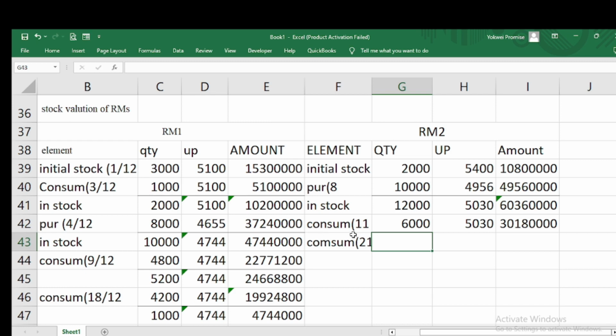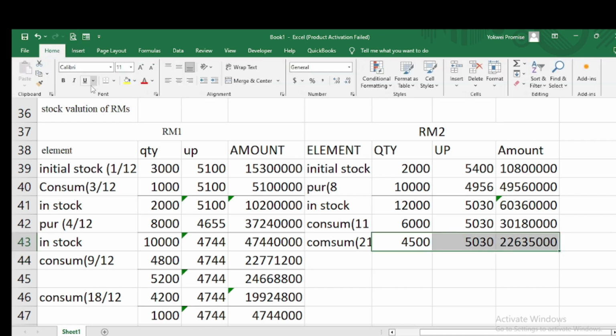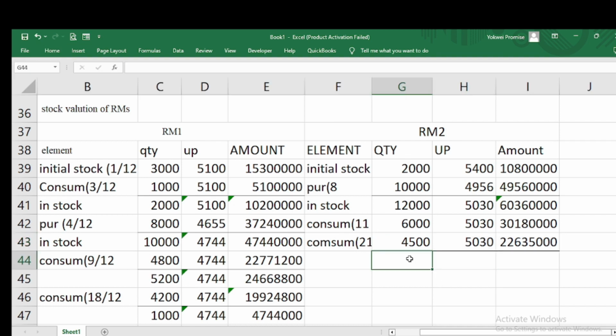So I have 4,500 units. So it's still at 530, no matter what you do here. 5,030, rather. 5,030 equal to, also, so equal to this.